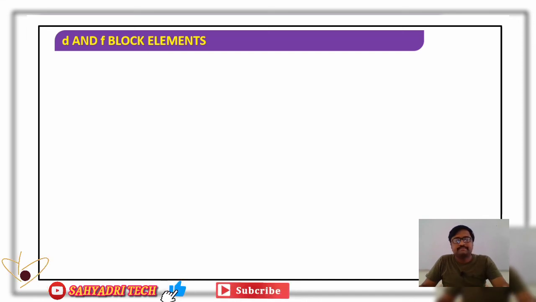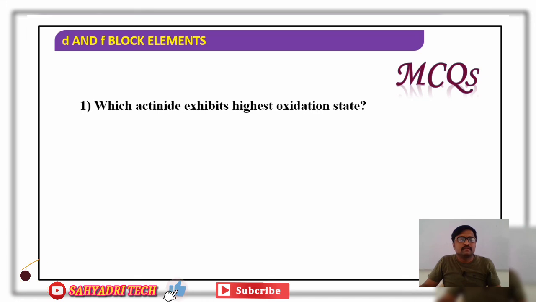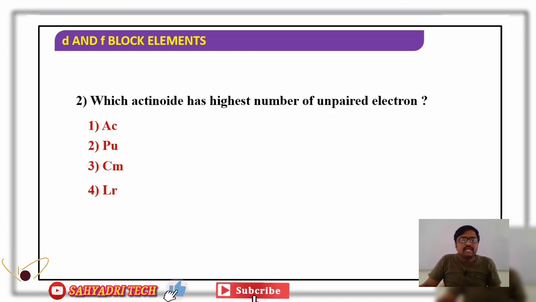Coming to the MCQs: which actinoid exhibits the highest oxidation state? Actinium, plutonium, uranium, lawrencium. The answer is plutonium, which shows the highest oxidation state, +7. Next: which actinoid has the highest number of unpaired electrons?